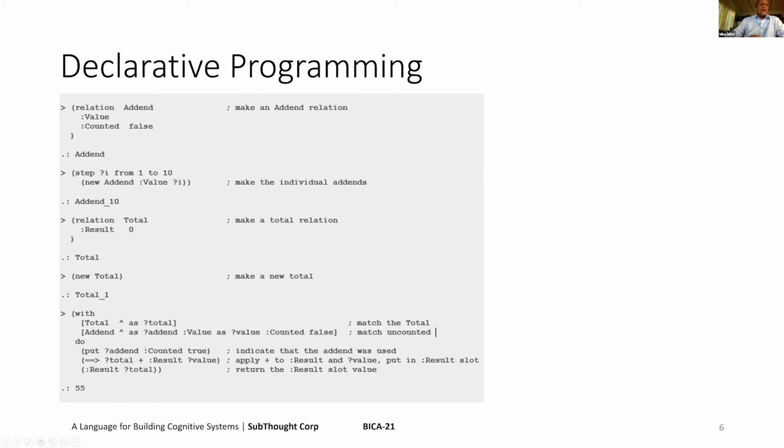So for that particular addend that we matched, we set the value of counted as true, so we indicated that the addend was used. And then we apply plus to the value of the result and the current value. We put that in the result slot, and then we return the result for that instance, and that gives us 55.